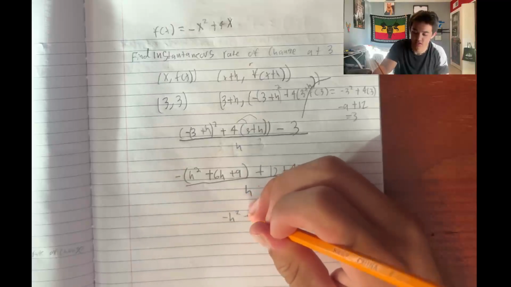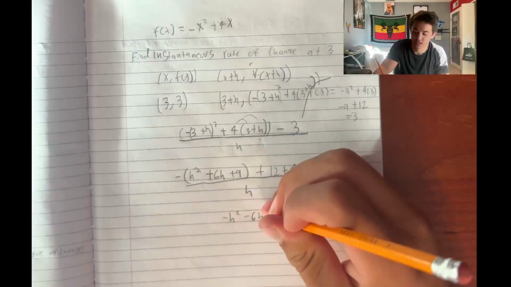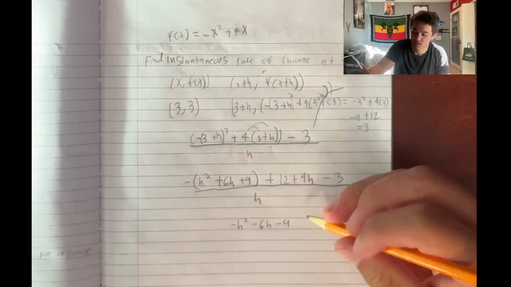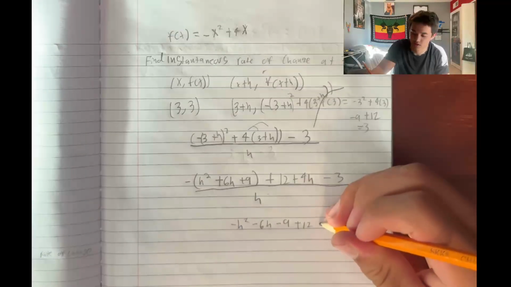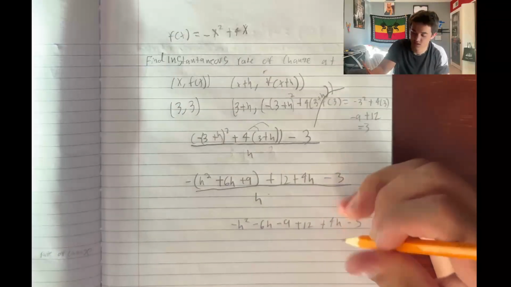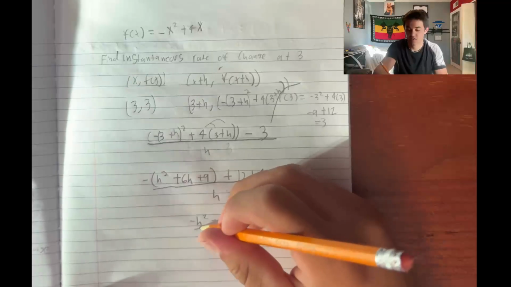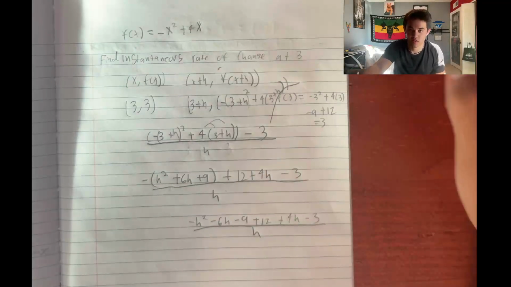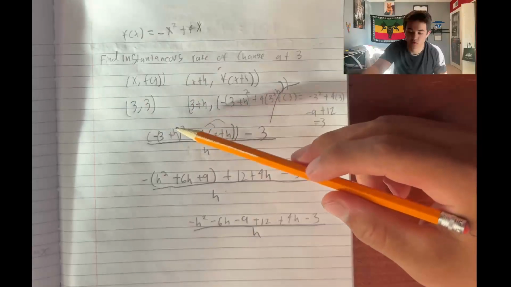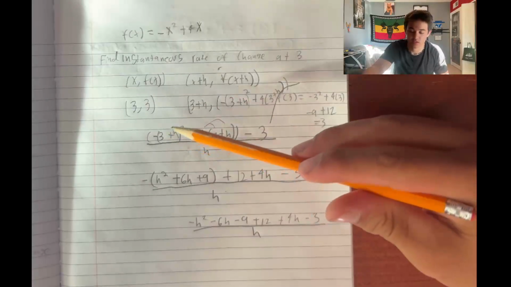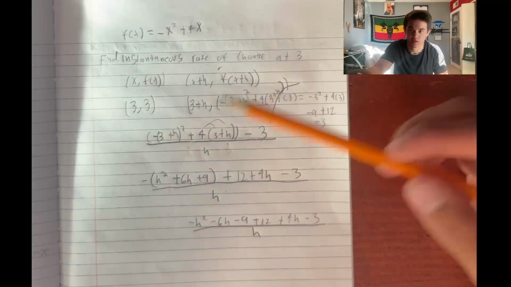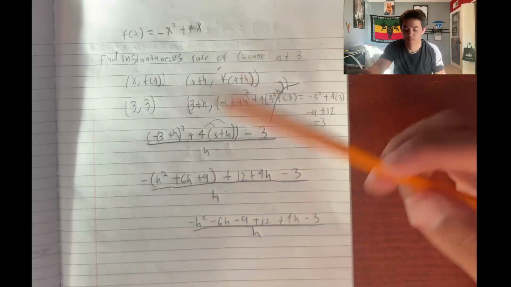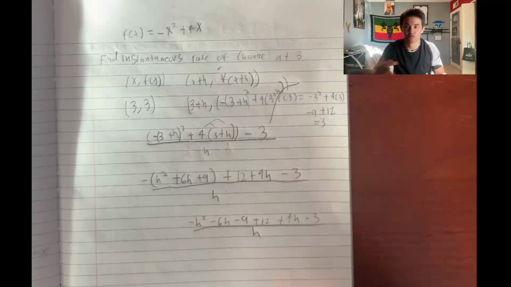So it's negative h squared minus 6h minus 9 plus 12 plus 4h minus 3 all over h. And now that you got everything spread out, you multiplied 3 plus h times 3 plus h because it's squared, which gives you this. Now you have everything nice and spread out.